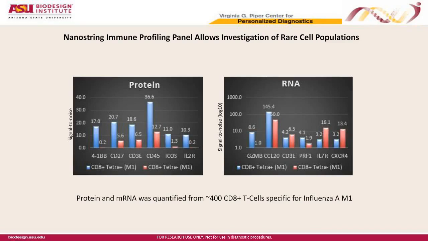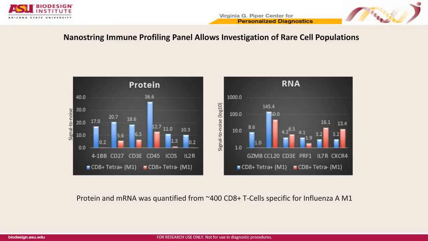And so what we did was look at antigen-specific T cells that were specific to the influenza M1 protein, in particular a peptide derived from influenza M1 restricted to HLA-A2. We looked at peripheral blood of healthy donors and looked at both CD8 positive, tetramer negative, and CD8 positive, tetramer positive populations that underwent FACS-specific flow sorting and then NanoString-based immunoprofiling both on the protein level and on the RNA level.